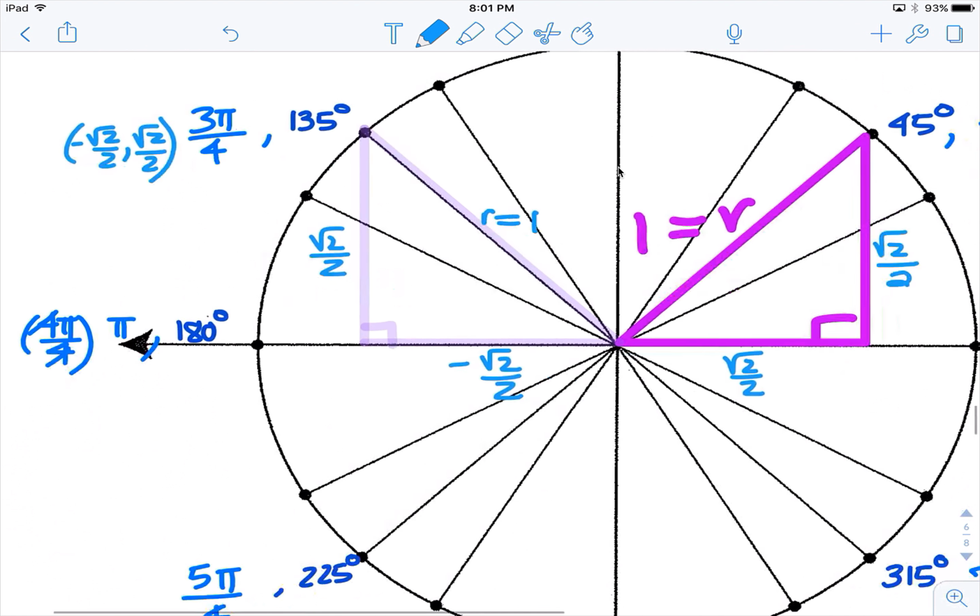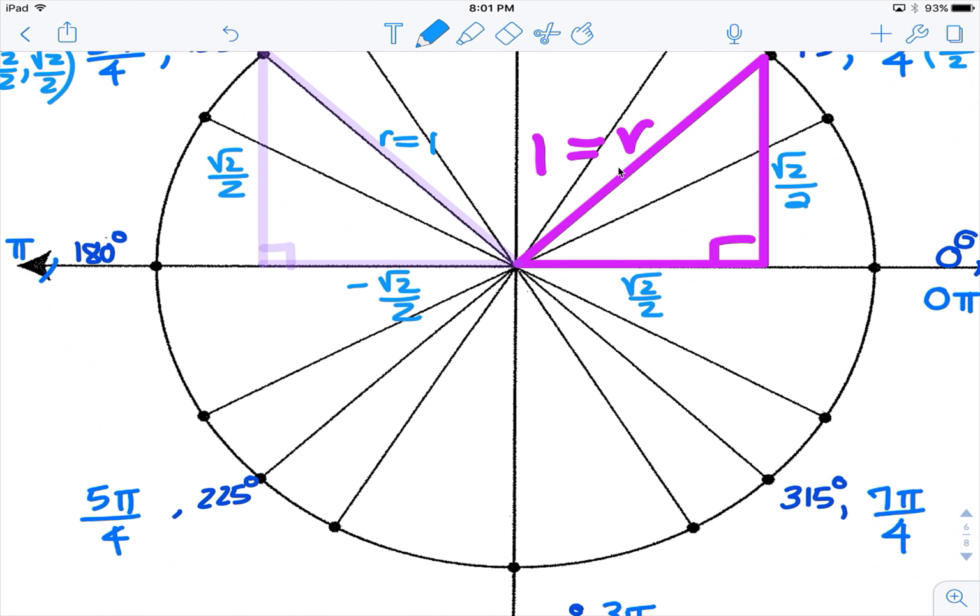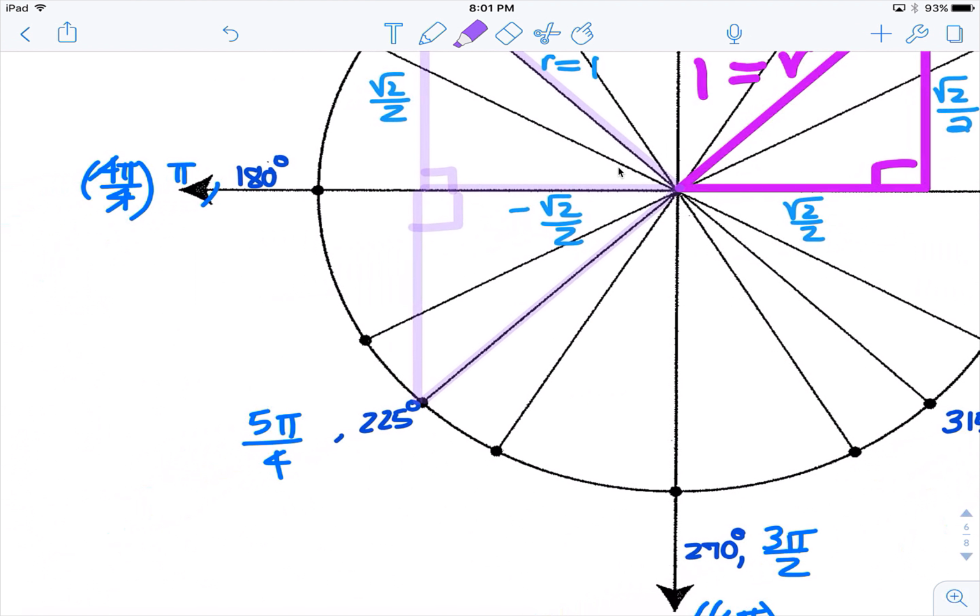Okay, and then we're going to reflect that triangle once again, basically into each of our quadrants. And in quadrant 3, those coordinates would be negative root 2 over 2, negative root 2 over 2.